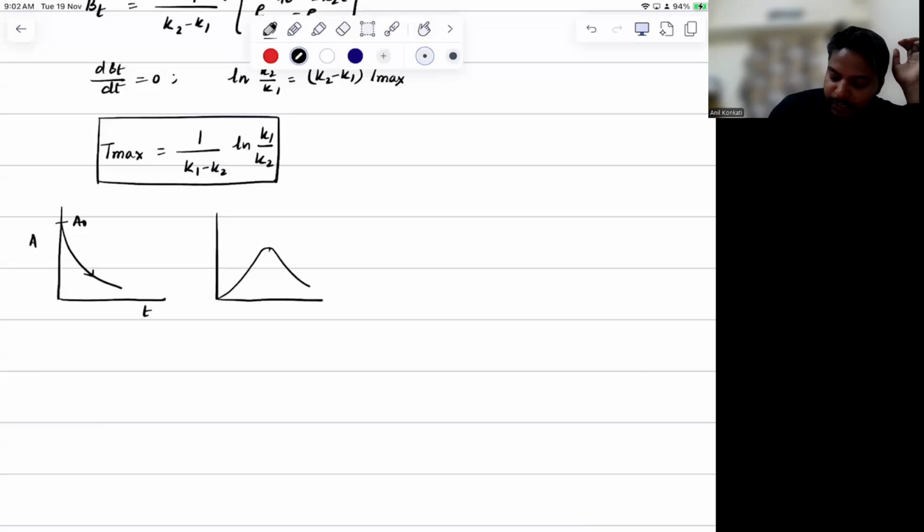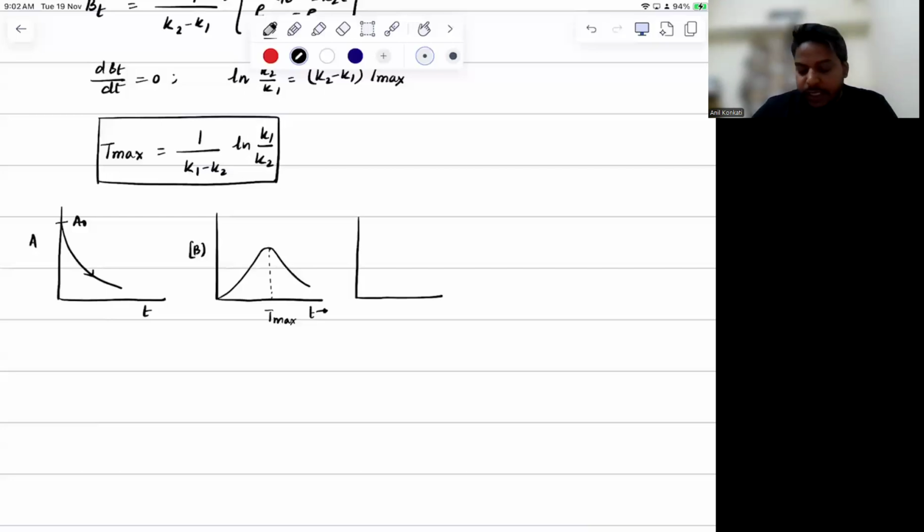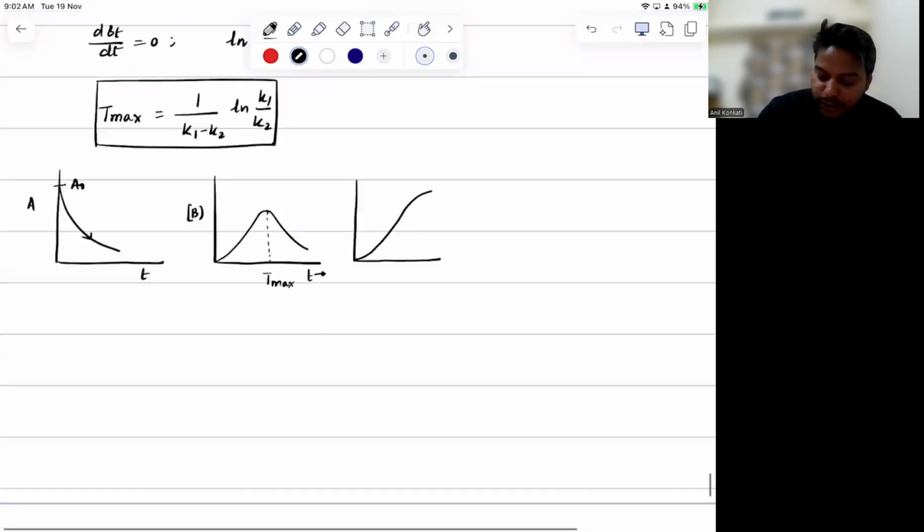This is the time t max which we have just calculated, with respect to the concentration of B. And with respect to the concentration of C, you will notice C is only progressively increasing over time. So typically the C graph would be like this.